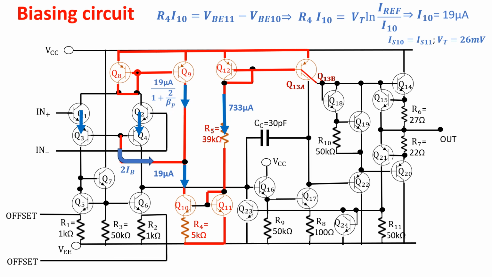The sum of these two currents has to be equal to 19 microamps, and the fractional error of the mirror is compensated by the 2 IB current coming from the bases of Q3 and Q4. This configuration creates a negative feedback which stabilizes the current in the two branches of the differential pair at 9.5 microamps, 19 over 2.